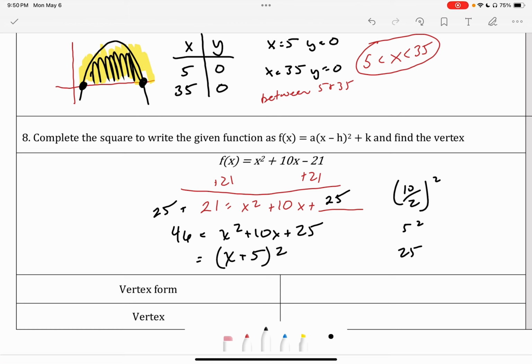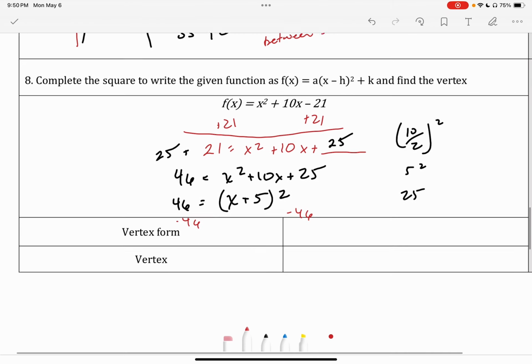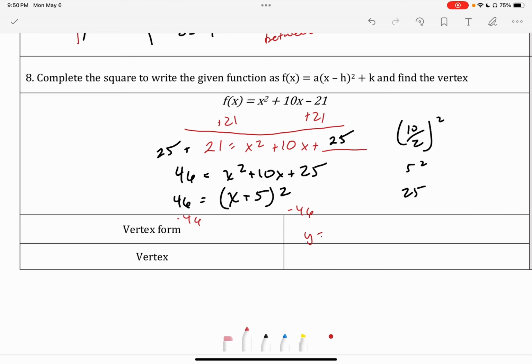We still have this 46 over here, but what we're going to do with that is subtract 46, and that gives us a vertex form of y equals x plus 5 squared minus 46, which makes our vertex simply negative 5. Just remember that's the opposite of that value. And then negative 46, because the y value is just what's sitting right there.